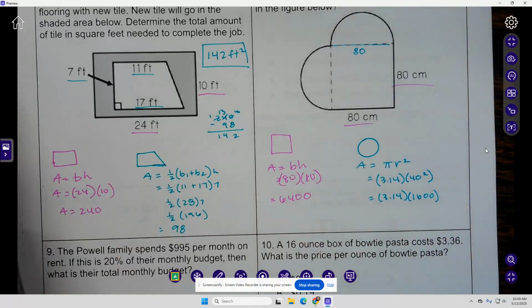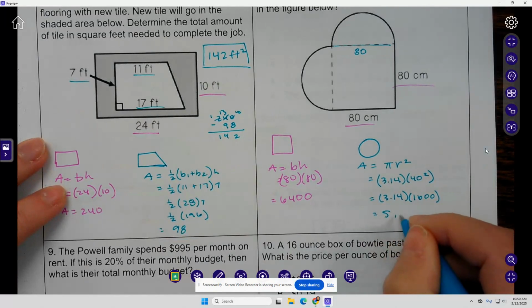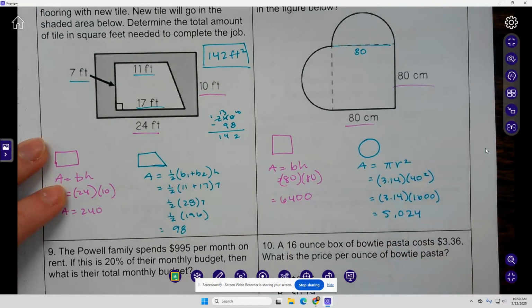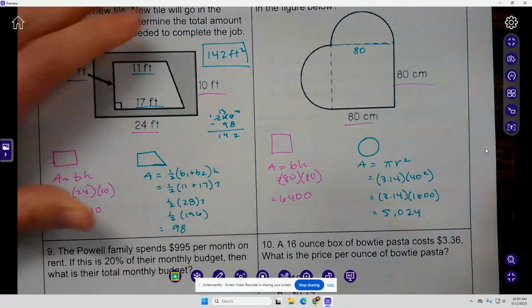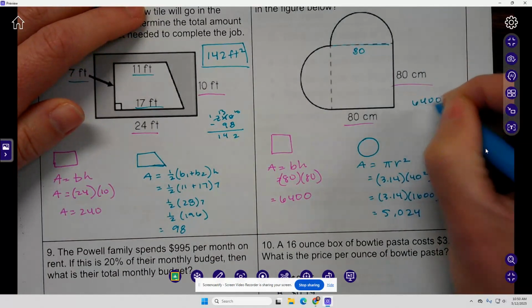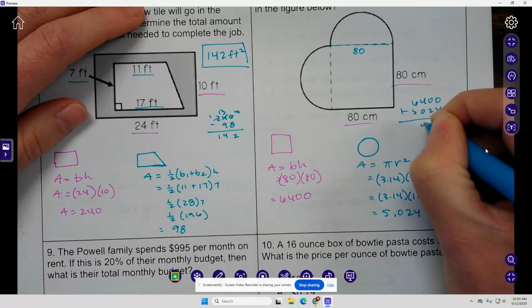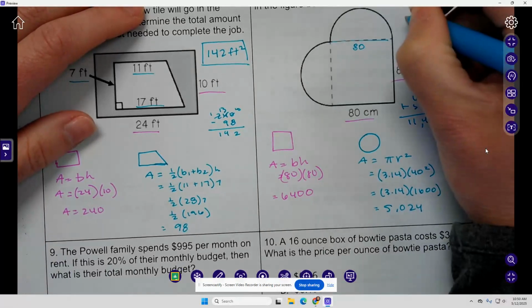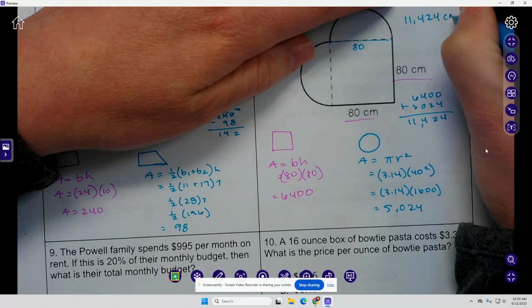And then 1,600 times 3.14 is 5,024. So if we want to find the total number here, I'm going to add 6,400 plus 5,024. And your answer is 11,424 centimeters squared.